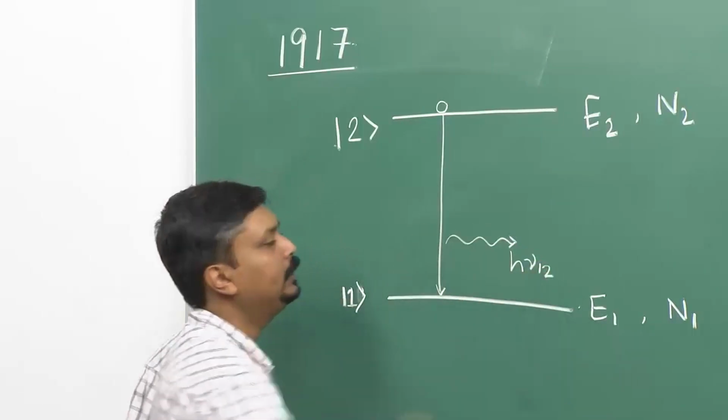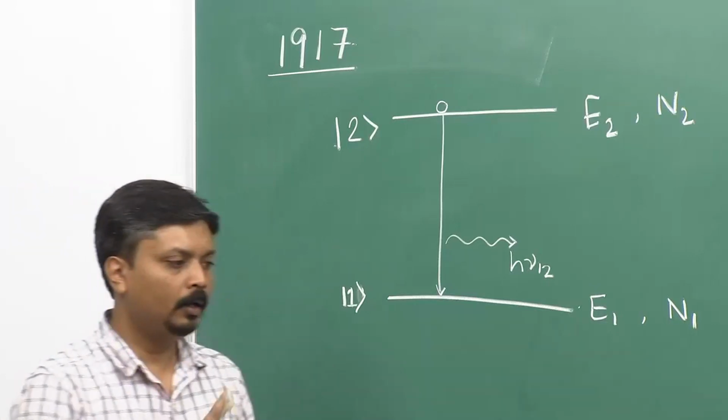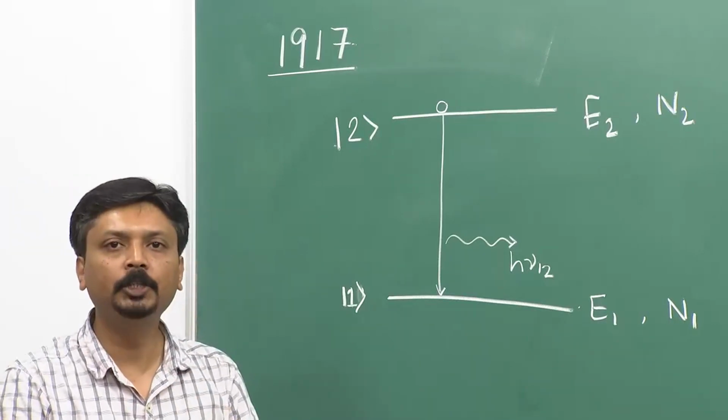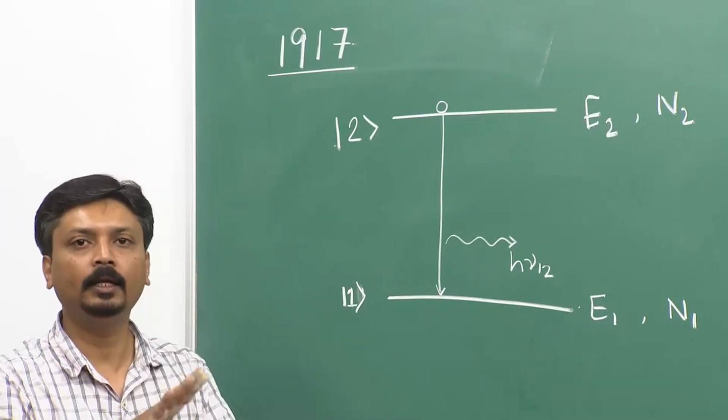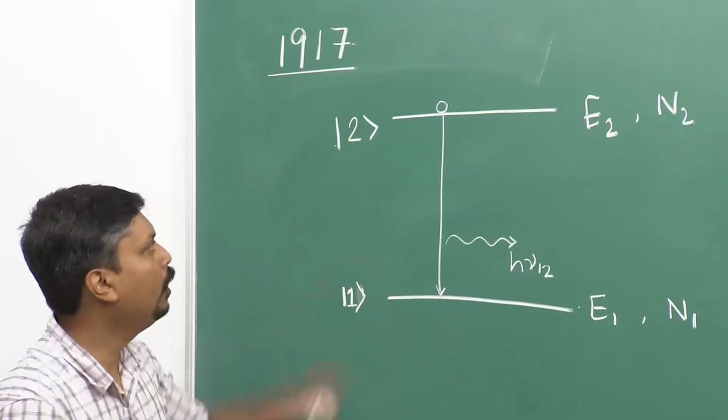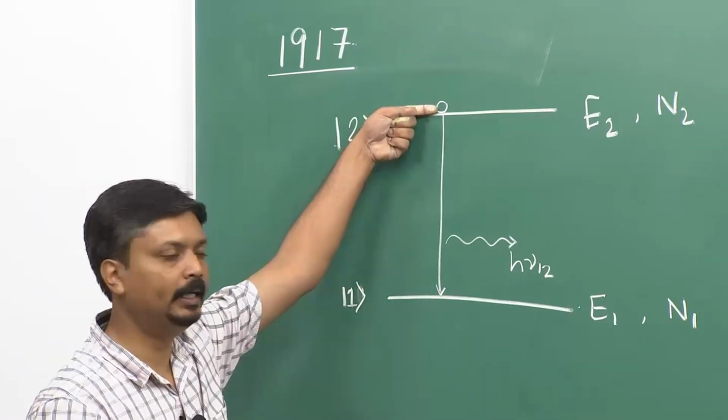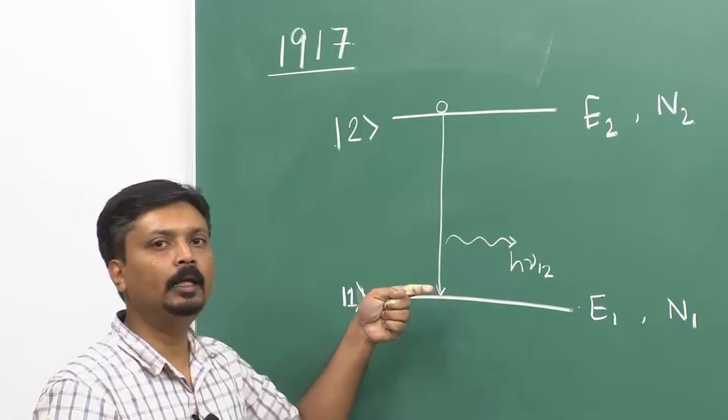Einstein said that having spontaneous emission as the only channel for the atom to decay from excited to ground state is not enough.